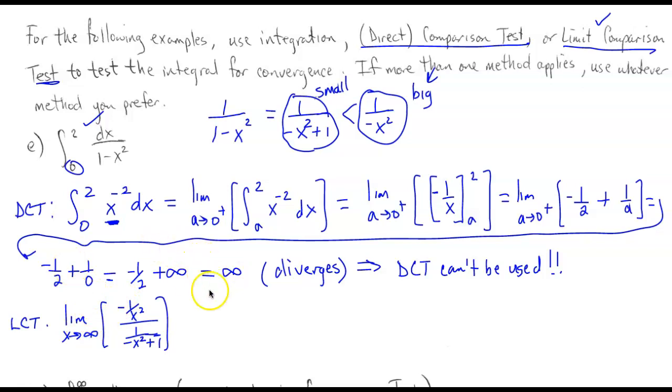So if we evaluate this limit here, we'll see that we can rewrite this as a negative, and this should be minus x squared plus 1 over x squared.